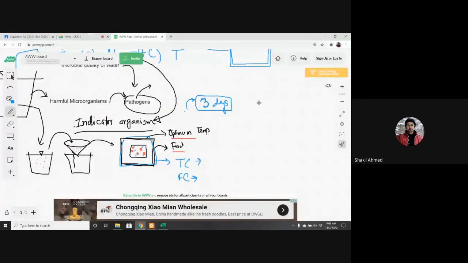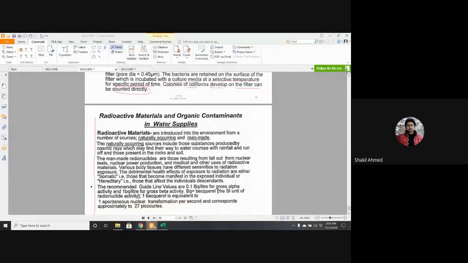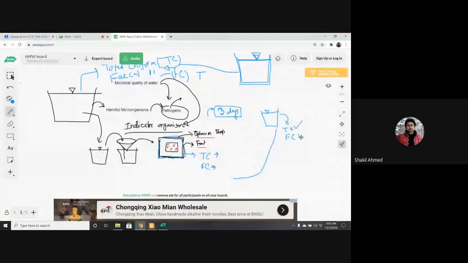So if you want to test your water for any pathogen, what test would you do? Membrane filtration is the method. TC and FC, total coliform and fecal coliform, is the test name. How can you determine this?